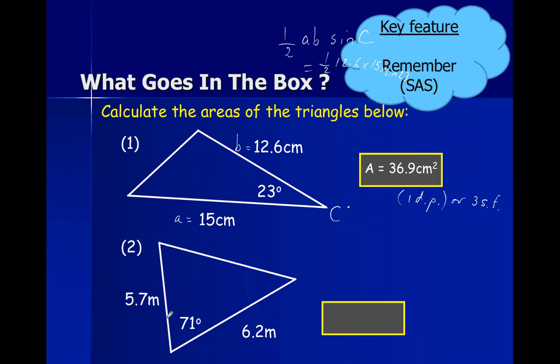Side angle side. You usually see people saying it's an SAS. Half of 5.7 times 6.2 sine 71. So again, 16.7 degrees or 2 significant figures.